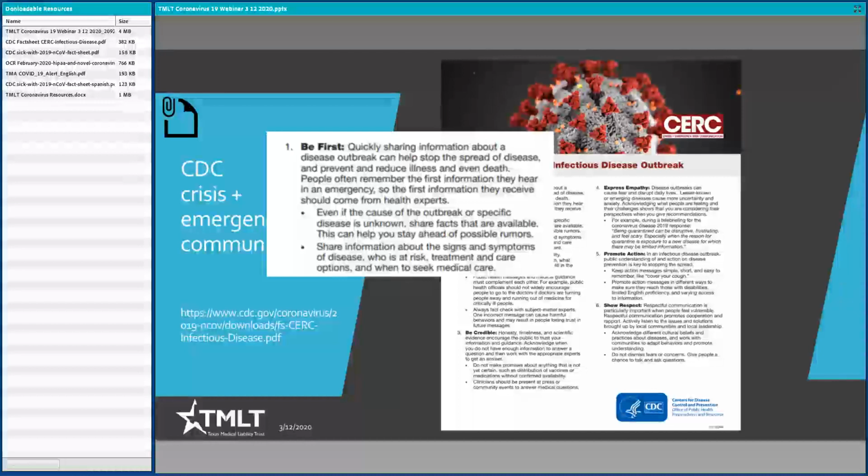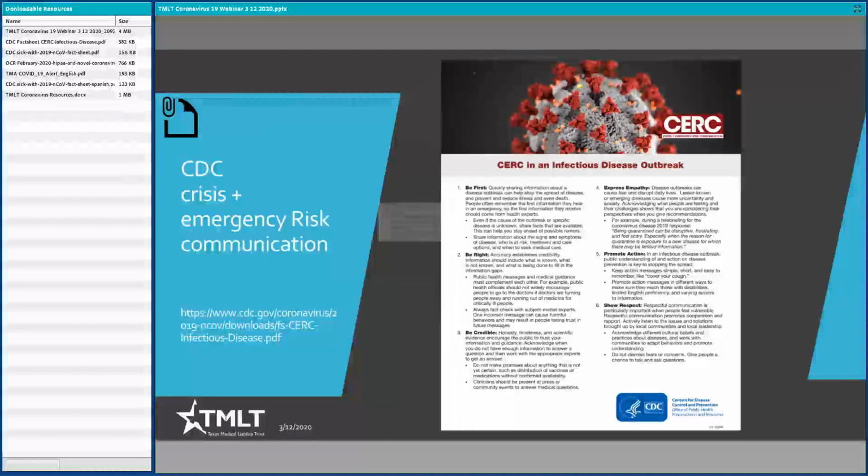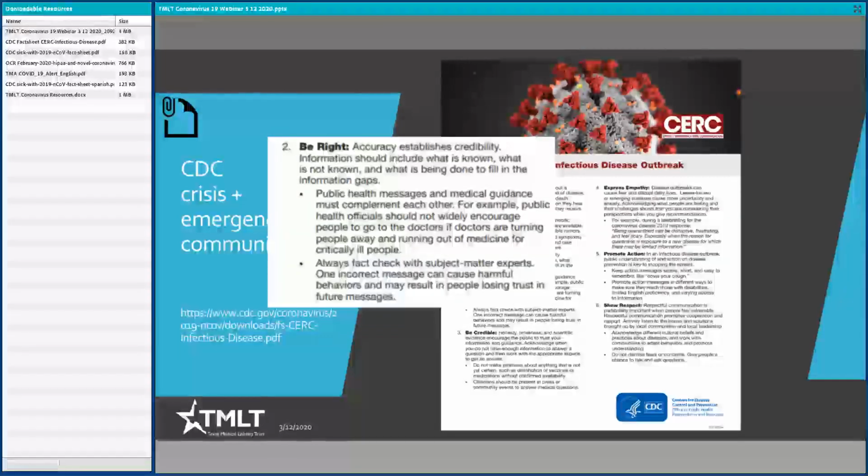The first is be first. Quickly share information about the disease outbreak and how you can help stop the spreading of the disease and prevent and reduce illness from the disease. And this would certainly apply to your office.